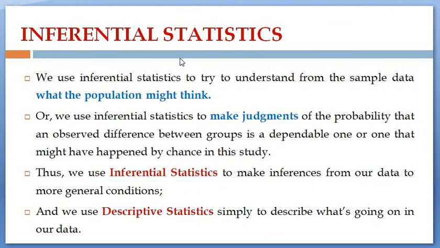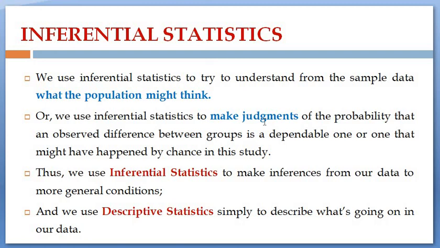So in inferential statistics, we use statistics to understand from the sample data what the population might think, how our population is. We use inferential statistics to make judgmental decisions on the sample, and then represent that decision for the whole population.